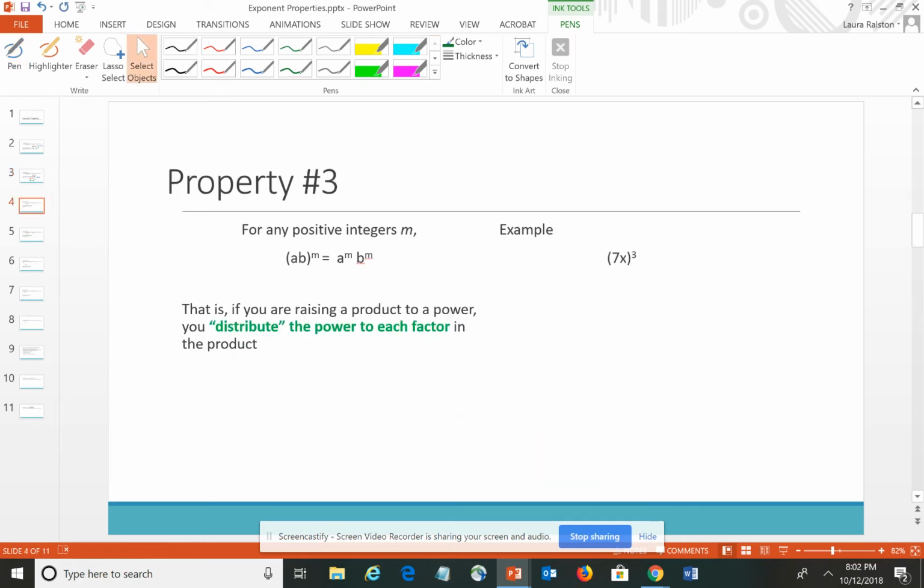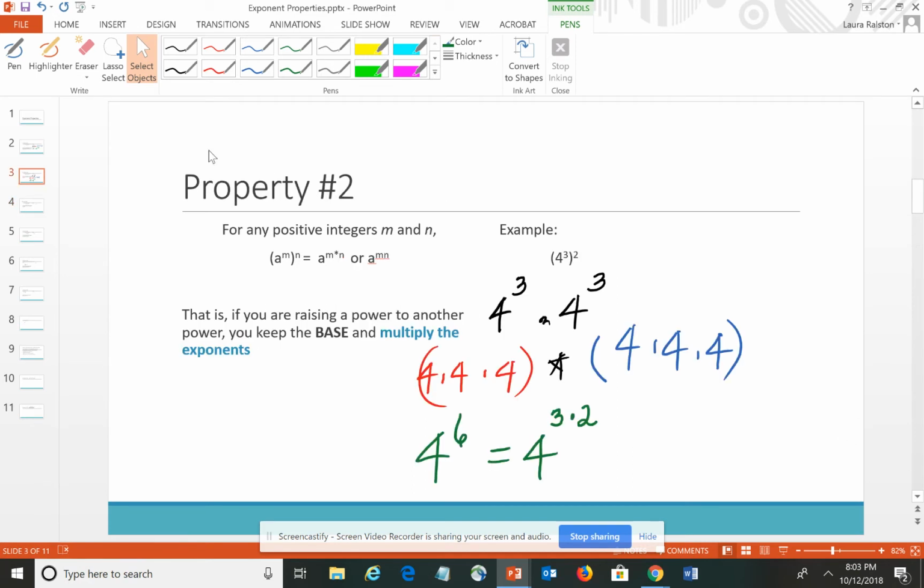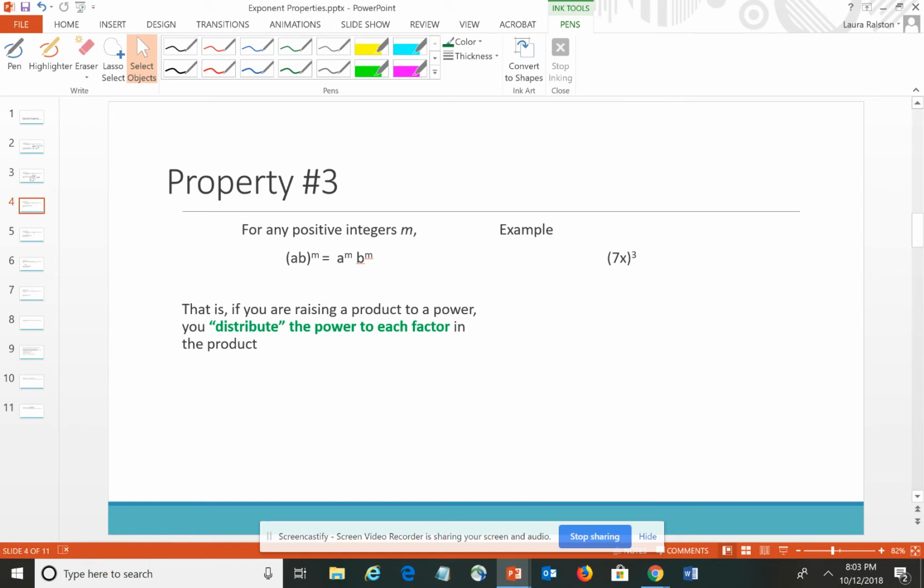This property is used also if you have multiple pieces or a product within the parentheses. You have to basically distribute the power to each value in the parentheses. So when you look at our example, 7x quantity raised to the third power, again, remember that that 7 has that understood 1 and the x has the understood 1 exponent. And again, if you think about the definition, that would give us 7 times x times 7 times x times 7 times x.